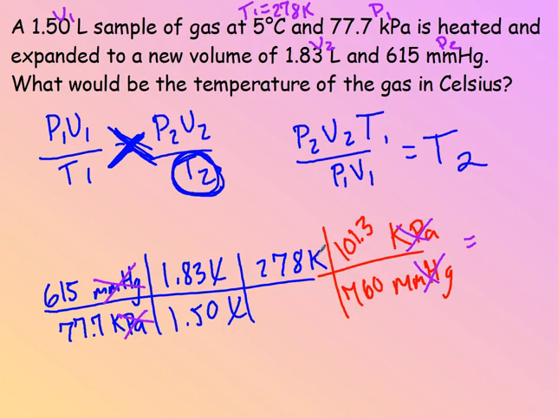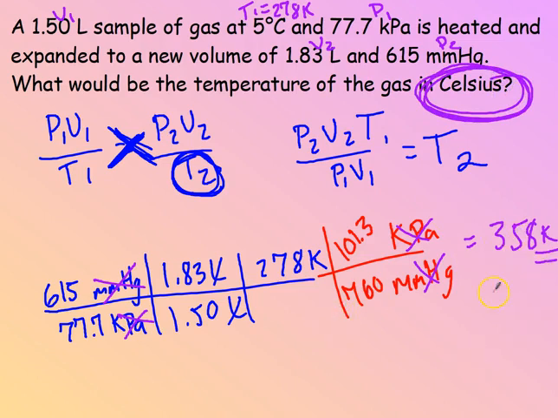615 times 1.83 times 278 times 101.3 divided by 77.7 divided by 1.50 divided by 760. And that equals 358 Kelvin. That's not the answer though, because they don't want the answer in Kelvin. They say Celsius specifically.